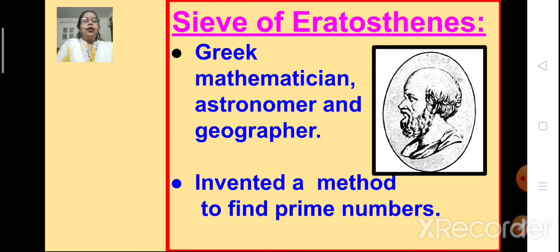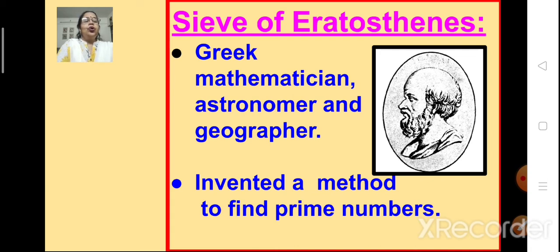Yes, there was a Greek mathematician, Eratosthenes, who gave this sieve of numbers by which we can easily know the prime numbers without actually trying to find the number of factors.